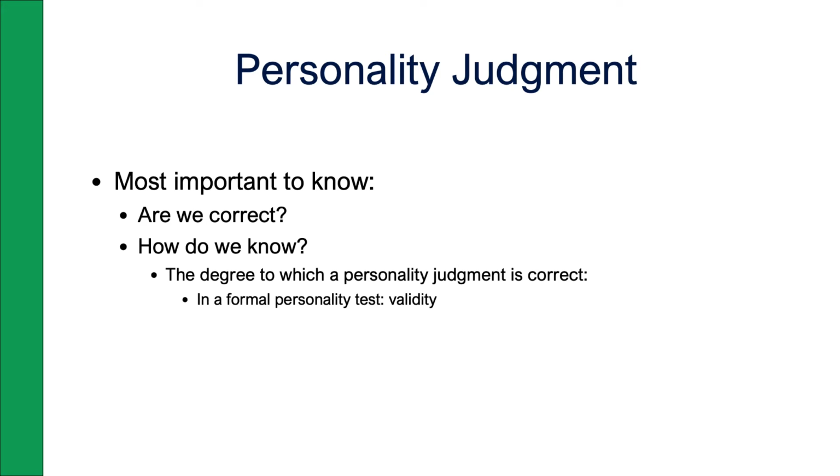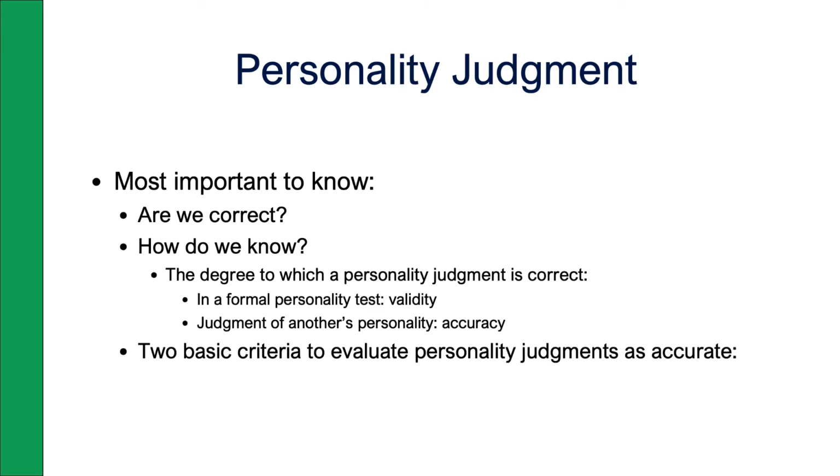But we don't have that when we're informally judging other people's personalities. What we talk about then is whether our judgment is accurate or not, whether it is a true representation of that target's personality traits. So instead of asking if a personality judgment is valid, we ask whether it is an accurate personality judgment. And how do we do that?